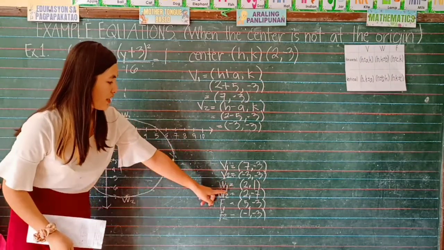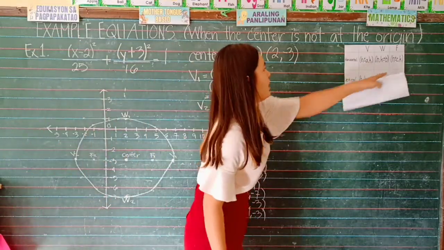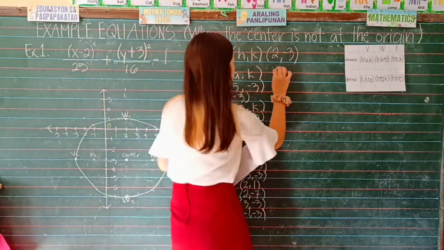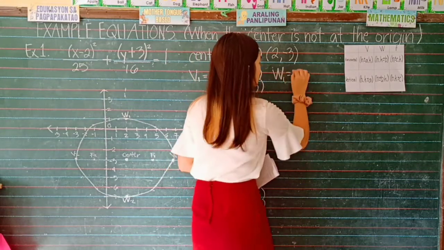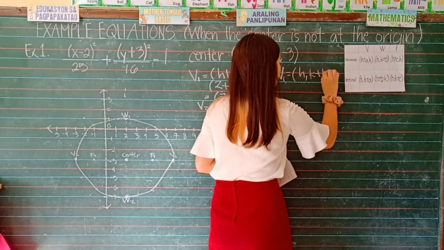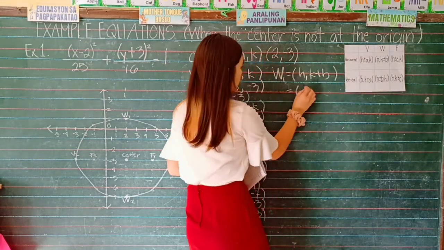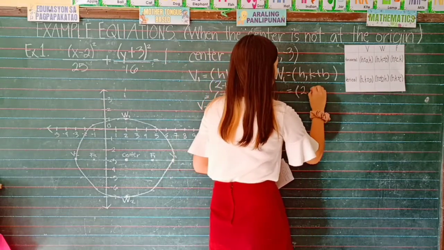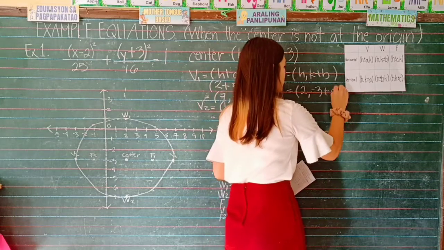And then let's proceed in finding the w sub 1 and w sub 2. Let's use this formula. h is equal to 2, k is equal to negative 3, plus b, our b is equal to 4.